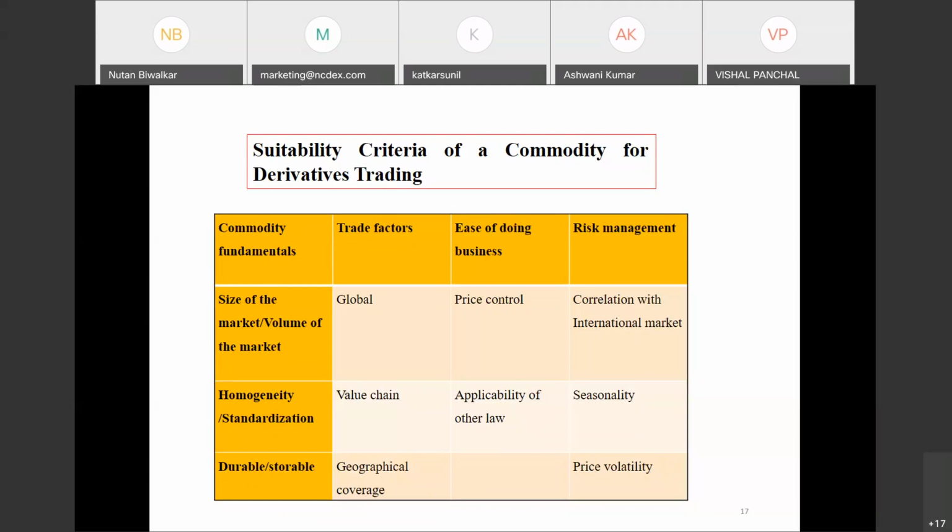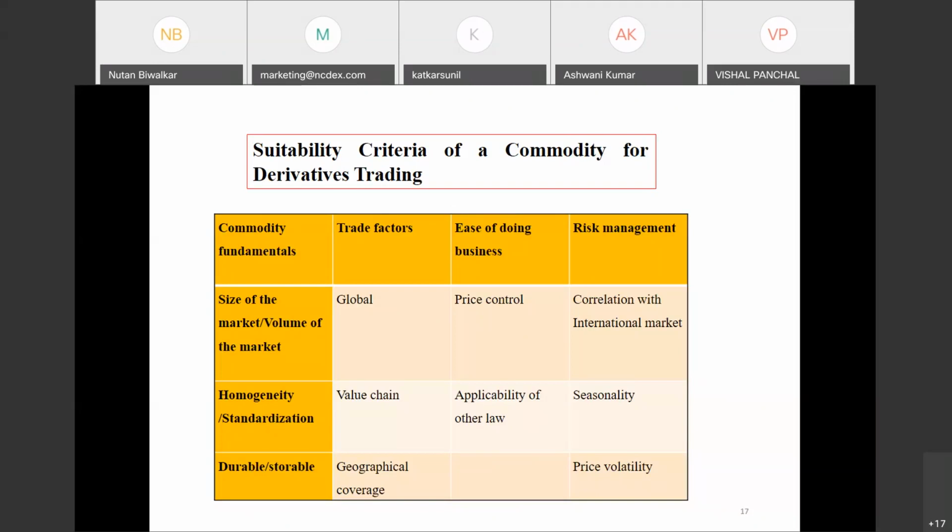Internationally benchmarked commodities are highly demanded, because their coverage is very wide, and we can also assess the international supply-demand scenario, their factors, laws, and other relevant aspects for that commodity. Then how the different laws are applicable for that commodity.